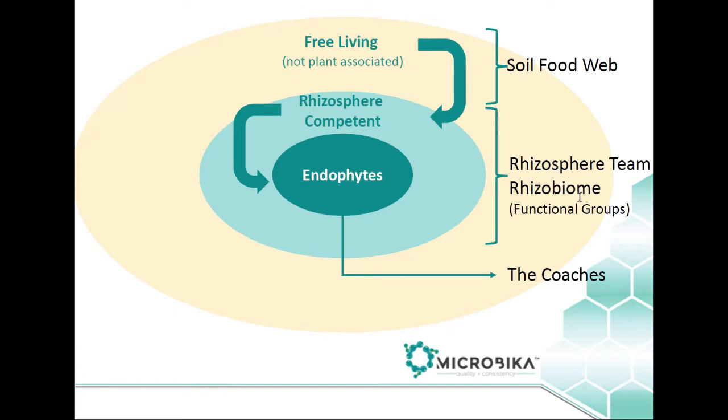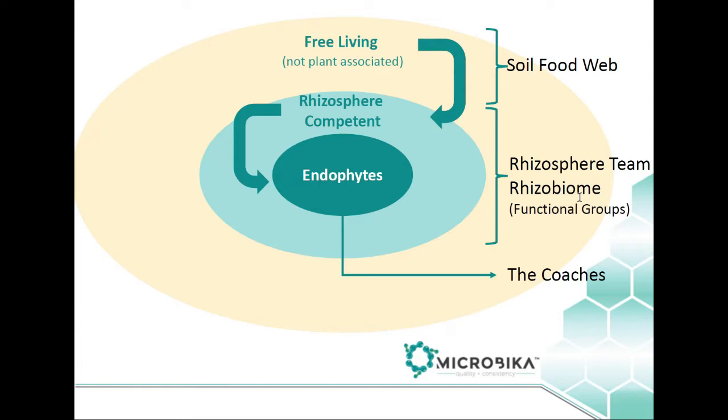So the free-living microbes, as we discussed, are part of the soil food web. The rhizosphere competent microbes that have responded to the signals from the plant and established in the rhizosphere are part of the functional groups in the rhizobiome, or the rhizosphere team, I call them. So they are there for a specific function.